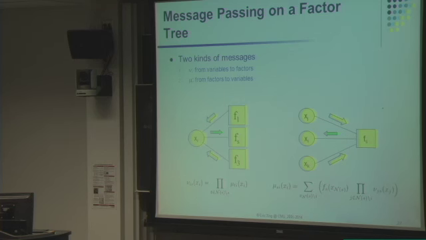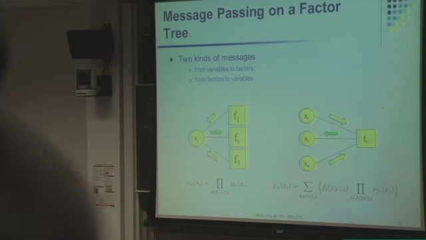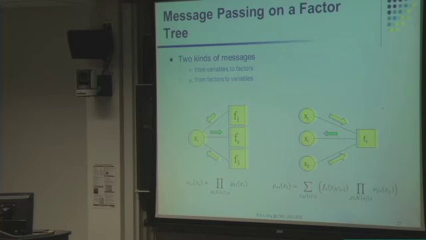But how can you calculate this message from factors to variables? Because when you calculate this one, you are using the values from the variables to the factors. So it's like a circle. How do you solve this problem? You just start with unity, by 1 or some random number. It will self-correct.